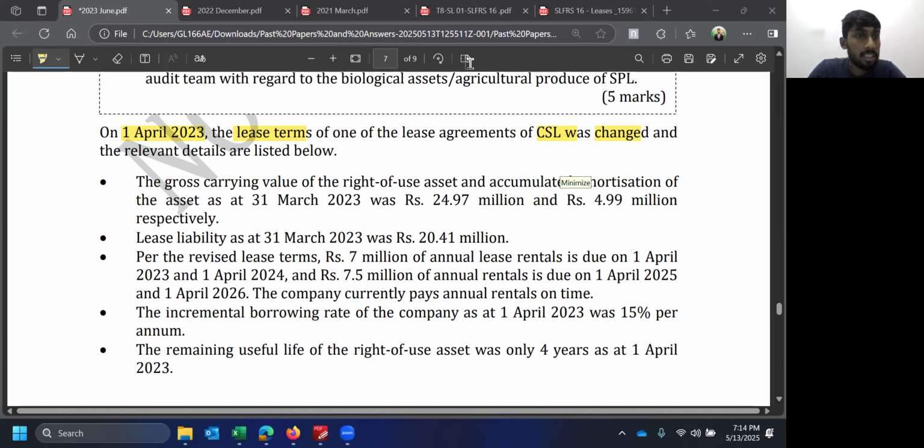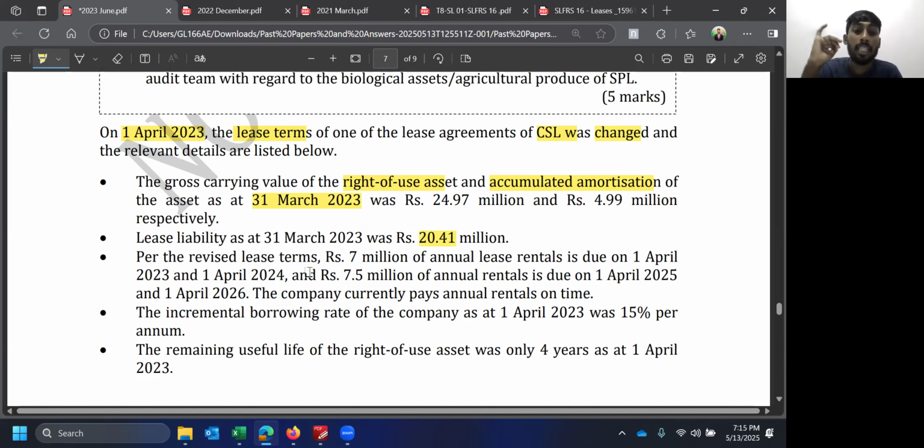Clear? Now let's read. The gross carrying value of the right of use asset and accumulated amortization of the asset as at 31st March 2023 was 24.97 million and 4.99 million. Lease liability as at 31st March 2023 was 20.41 million.